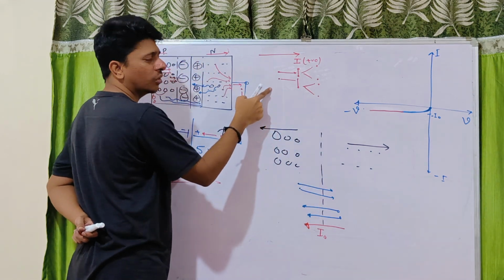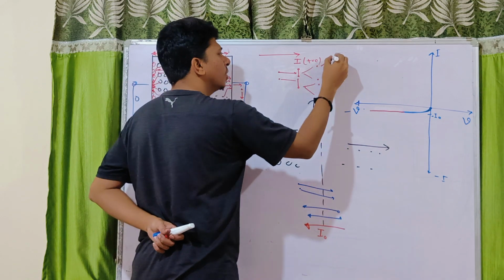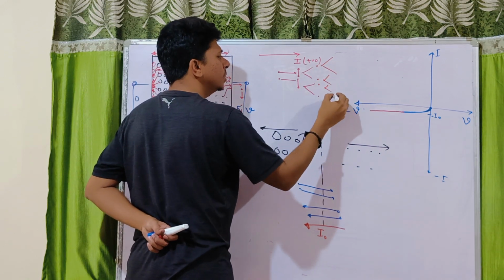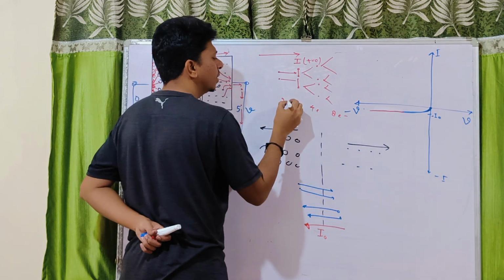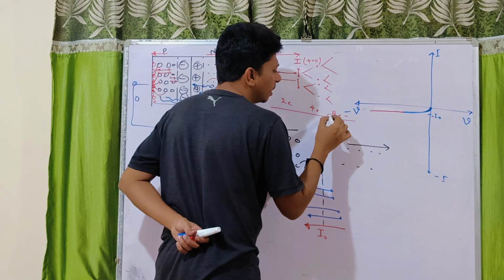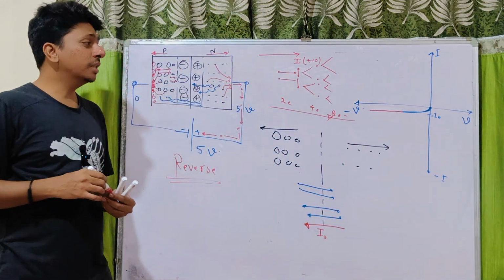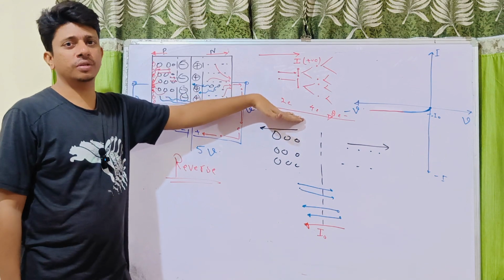So these two electrons have generated four electrons. Further, these four electrons will generate again these two and these two. They have generated eight electrons, four electrons, two electrons, and likewise. So this will generate electrons like this, and this process is called the avalanche process.